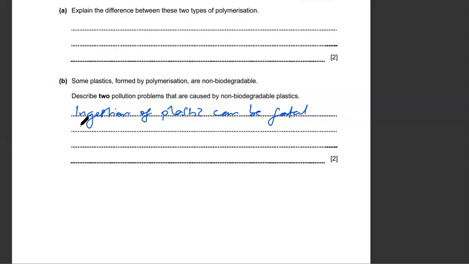Then, of course, combustion of plastics produces toxic gases, e.g., carbon monoxide.